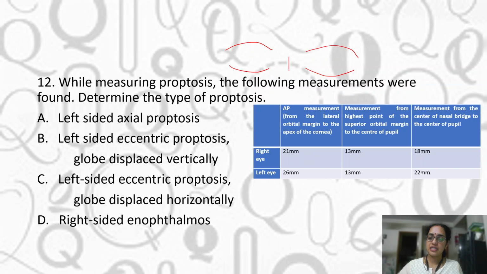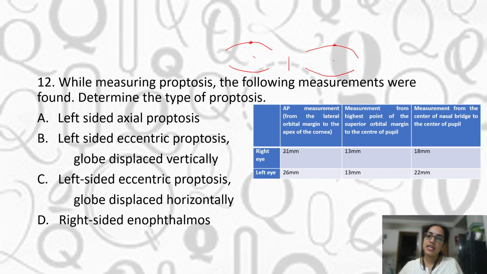So this is the nasal bridge. This is the highest point on the superior orbital rim, and this is the lowest point on the inferior orbital rim. And here is the center of cornea. First, we'll measure the AP measurement using the Lewitt's exophthalmometer.